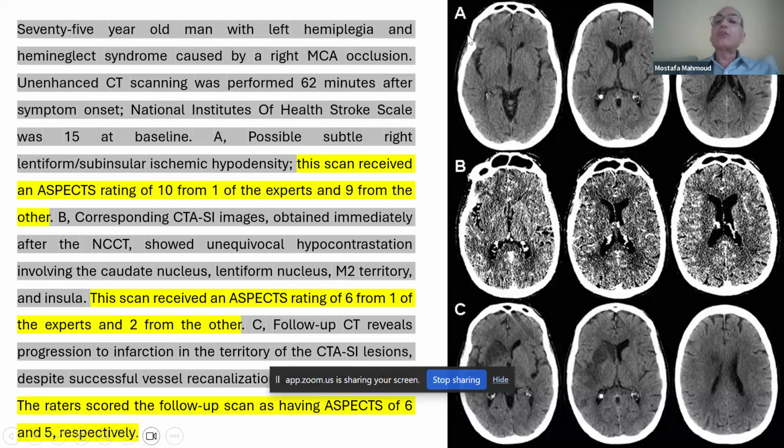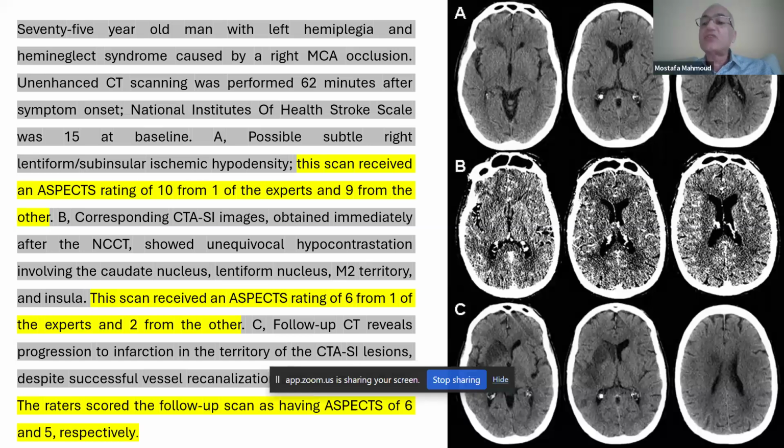Just have a look at row A, which is a plain CT, versus row B, which is a source image CTA, and row C is a late, or let's say 24 hours, CT. Row A, can you give me a score for the ASPECTS? I would give it, maybe if I'm generous, 9.